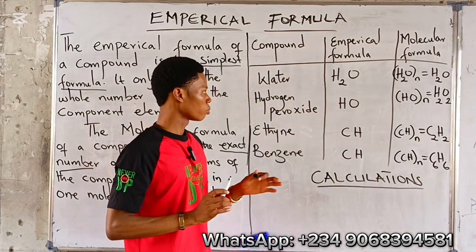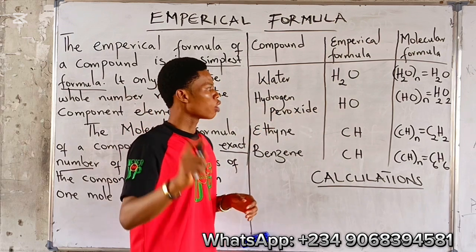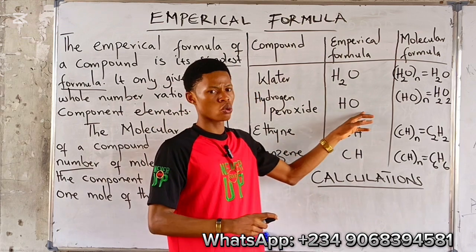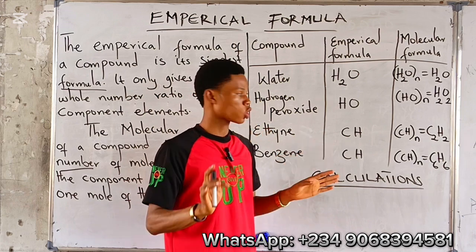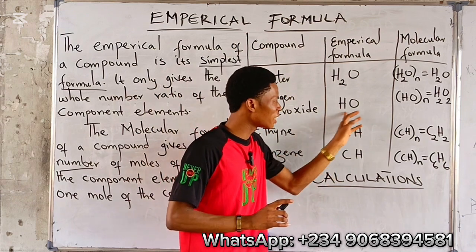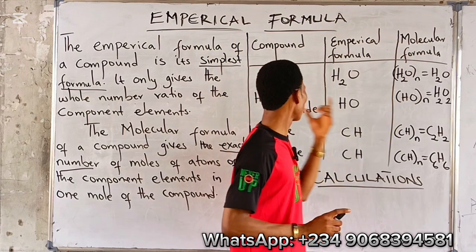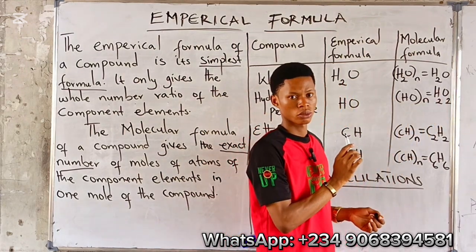That's the simplest formula. Now let's look at another one, hydrogen peroxide. You notice the empirical formula of hydrogen peroxide is HO. That's the simplest formula. You cannot break this down again. Now, the molecular formula of hydrogen peroxide is H2O2.